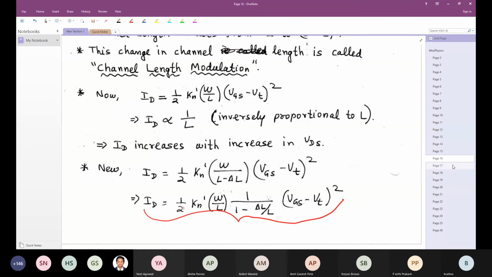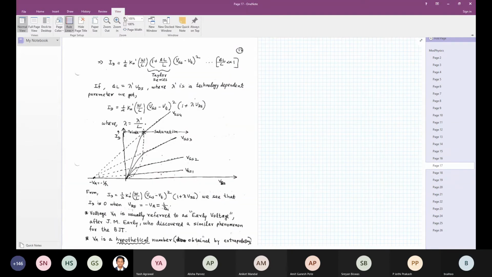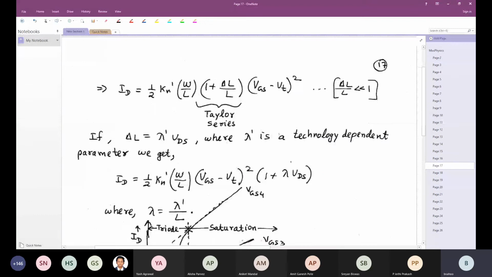Now, by Taylor series expansion, 1 by 1 minus x equals 1 plus x if x is very, very small, much less than 1.